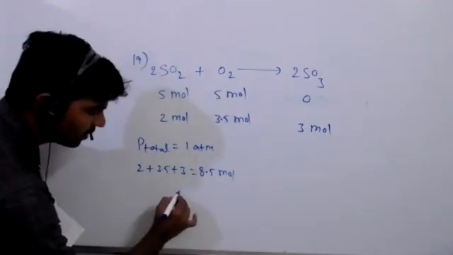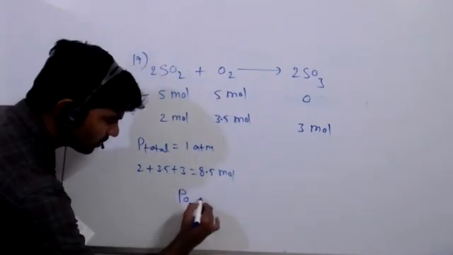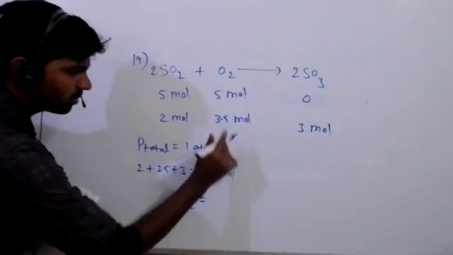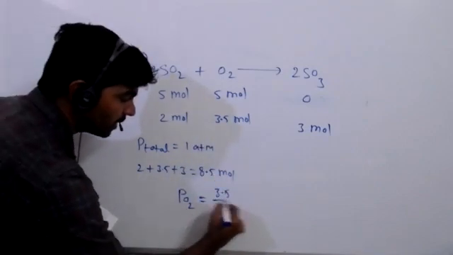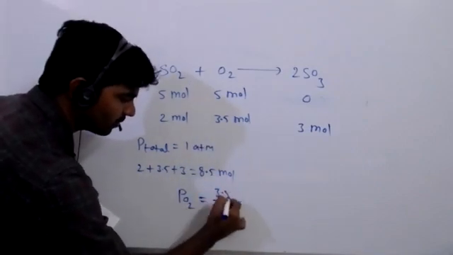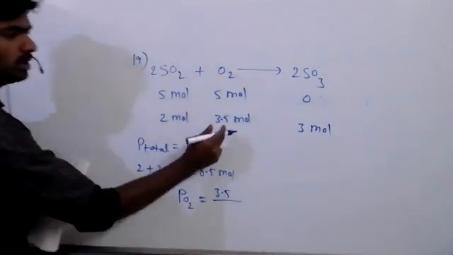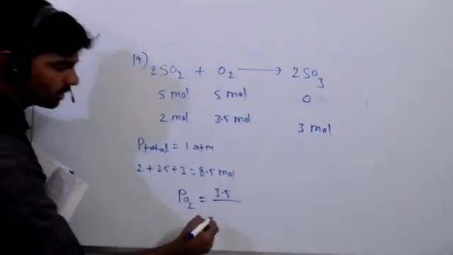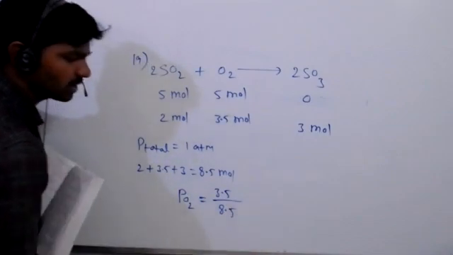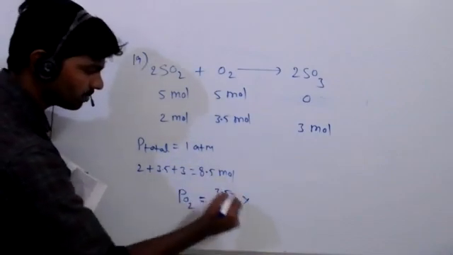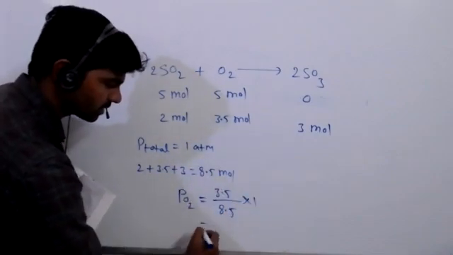Partial pressure of oxygen is equal to number of moles of oxygen, 3.5, divided by total number of moles. It gives the mole fraction, into total pressure, which is 1 atmosphere. Calculate this value.